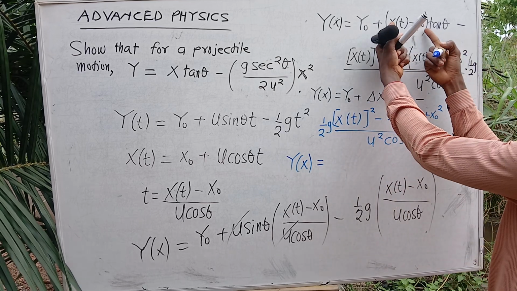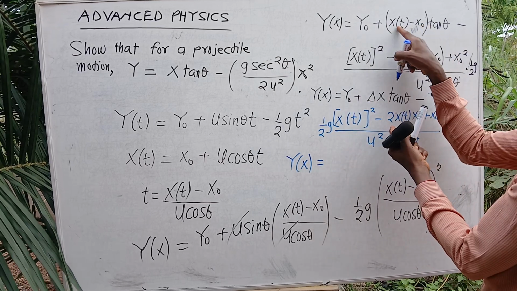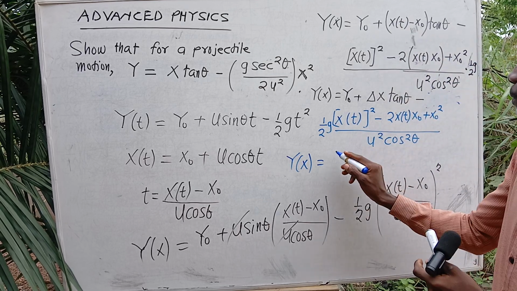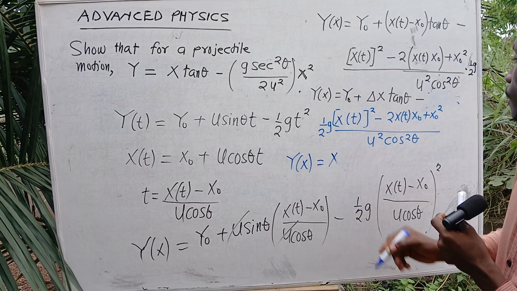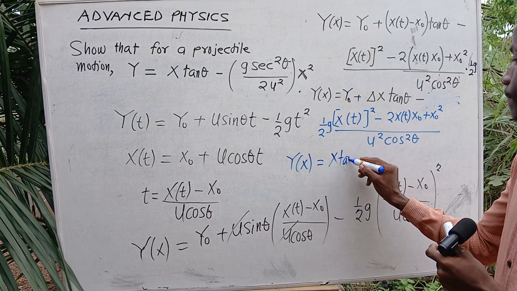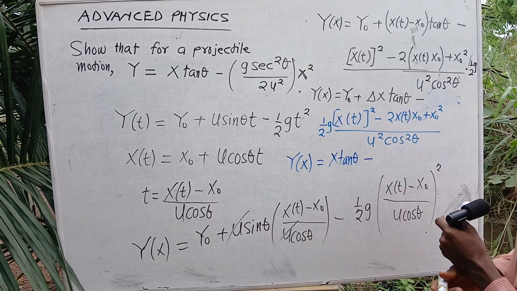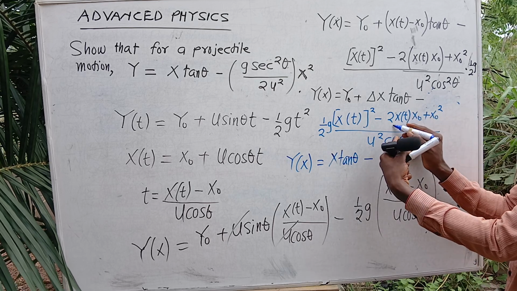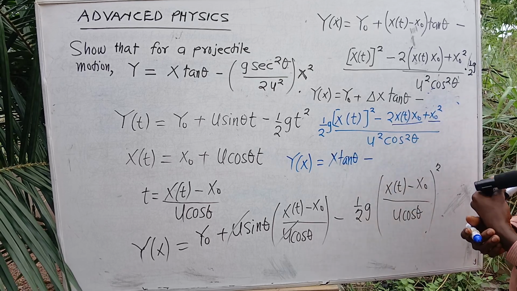In other words, this quantity here, if this is 0, it reduces to x. So we have x tan theta minus, if x naught is 0, this is 0, and this is also 0.